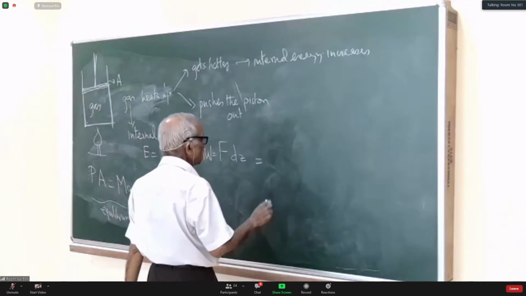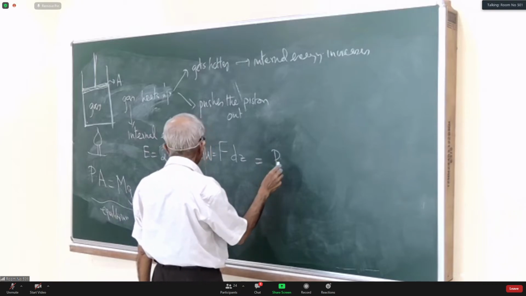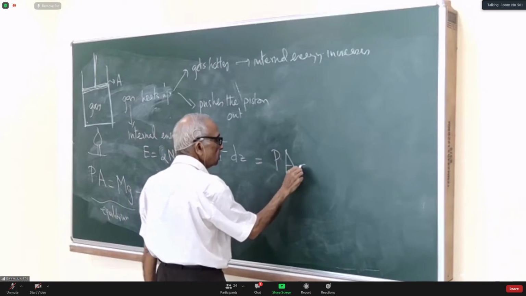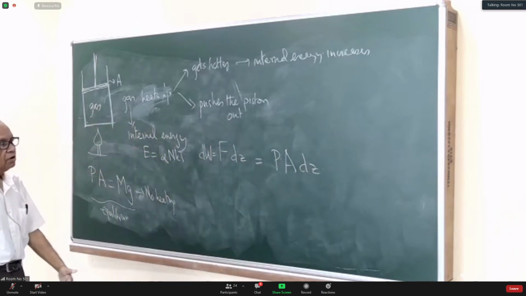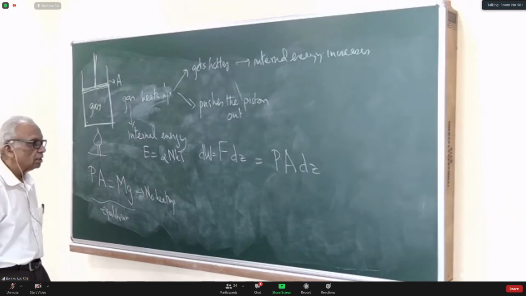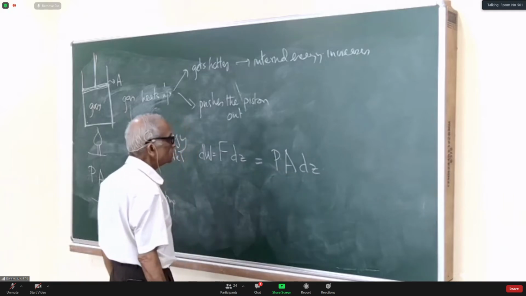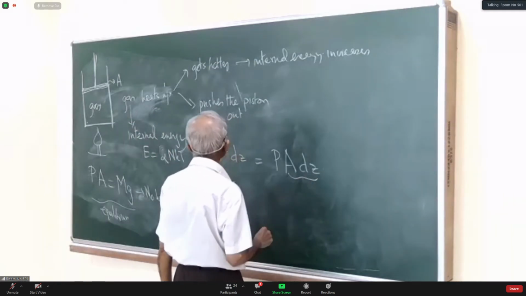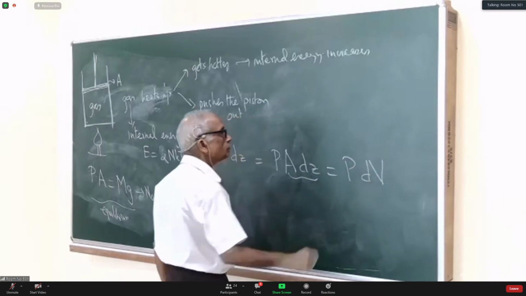This force is the pressure times the area, P times A times dz, but A times dz is dV, so it is PdV.